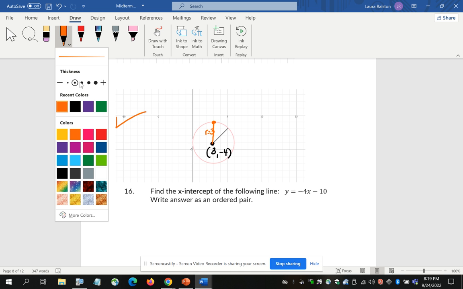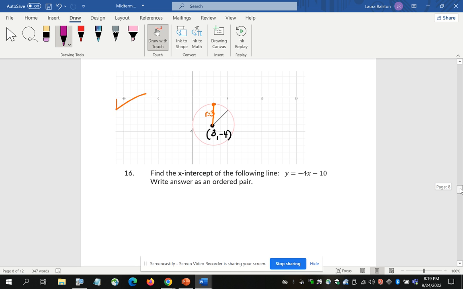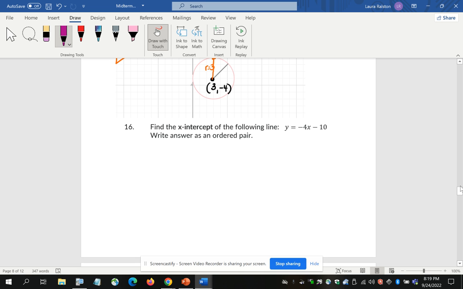Question 16 is to find the x-intercept for the line y equals negative 4x minus 10. To find the x-intercept for any equation, we let y equals 0 and solve for x.